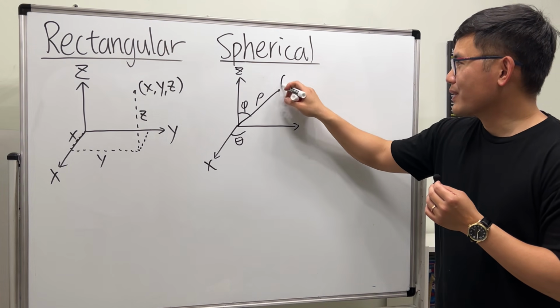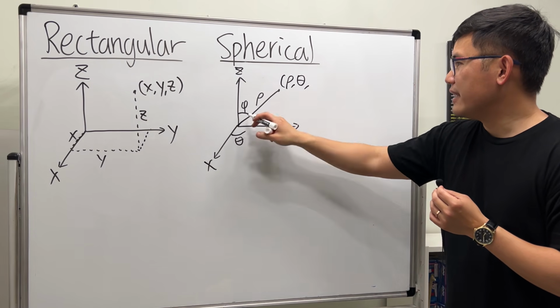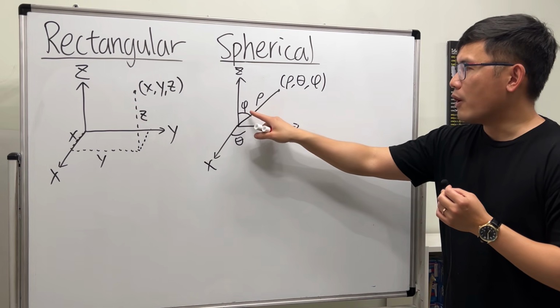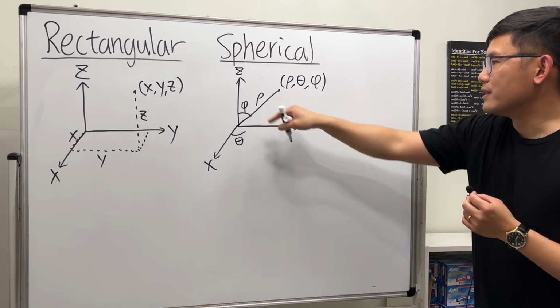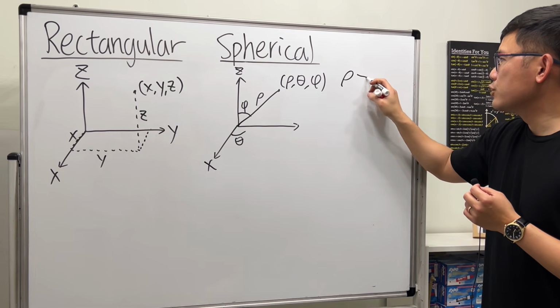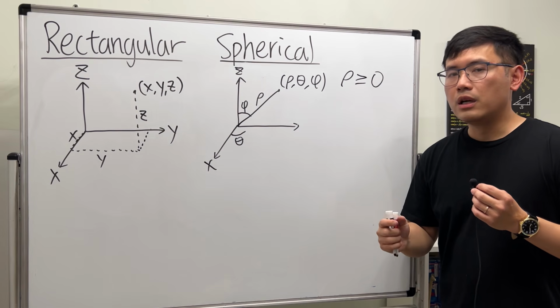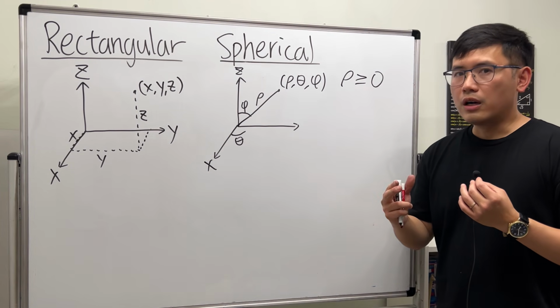First, for this point, we're going to call that rho, theta, and then phi. And there are some conditions that we have to talk about for the angle. Let's talk about rho first. Rho has to be non-negative. Unlike the r that we had earlier, in the polar world and also the cylindrical coordinate system, the r could be negative.